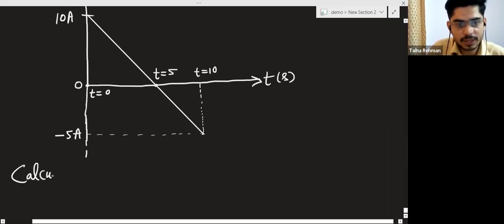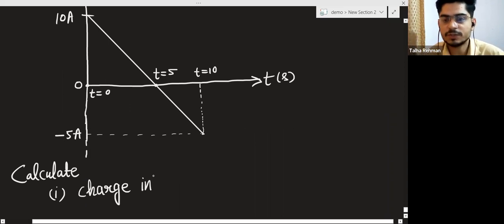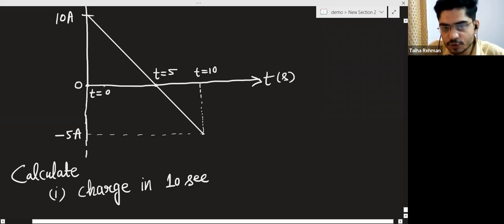Now we have to calculate, number one, charge in 10 seconds. Each and every word of the question is important. Charge in 10 seconds. Means from 0 to 10 seconds, so there is a time range.